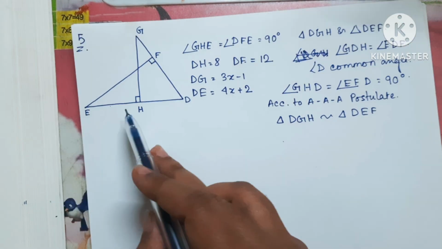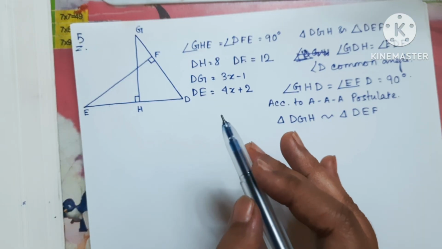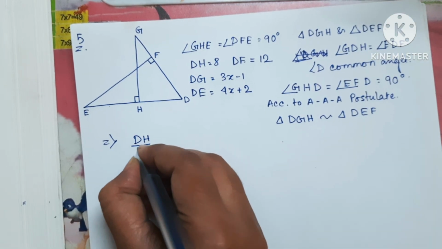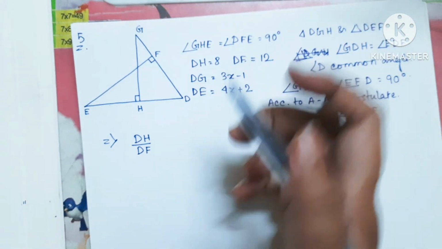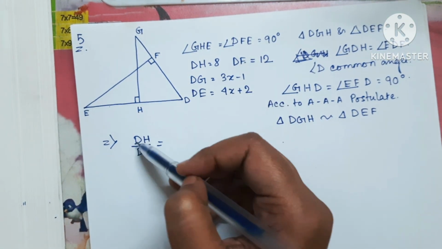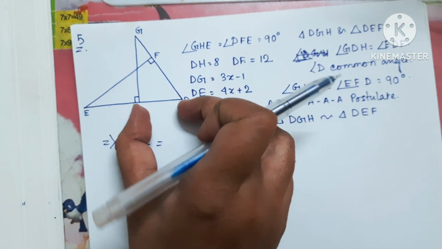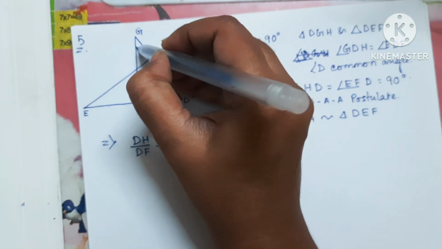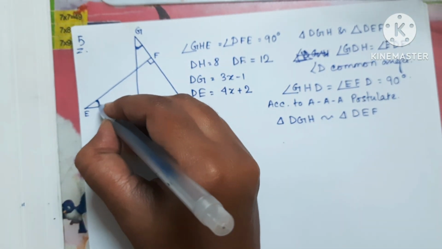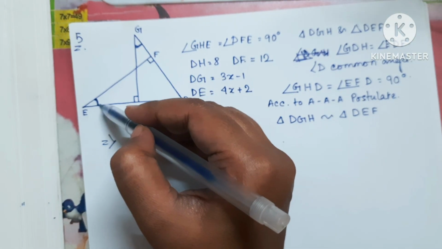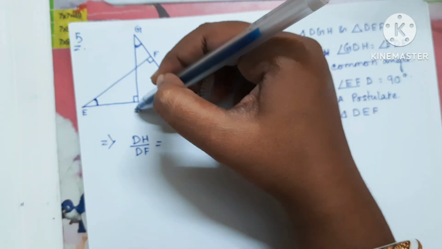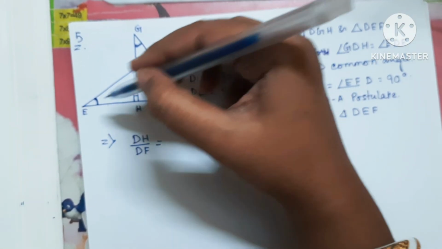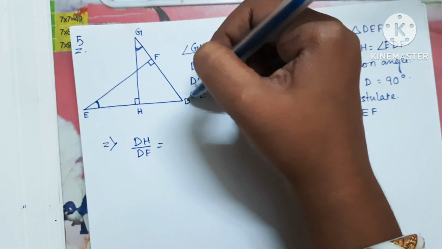Now one thing, corresponding sides are proportional. DH by DF is equal to, see, angle G is equal to angle E. So opposite to angle G, the side DH will be equal to opposite to angle E, that is DF.